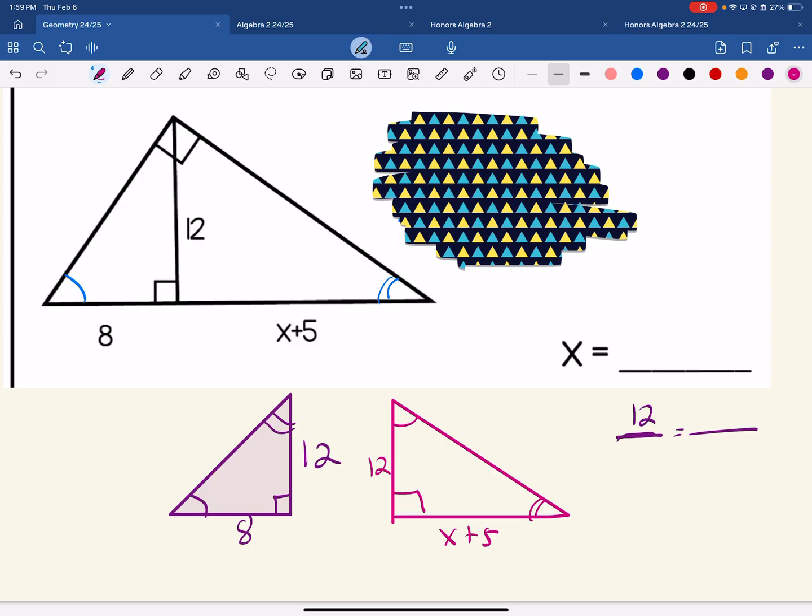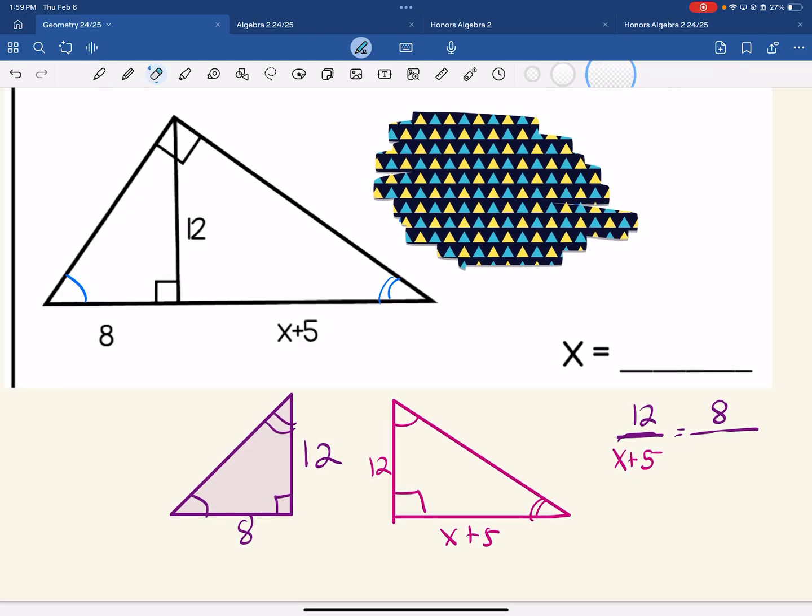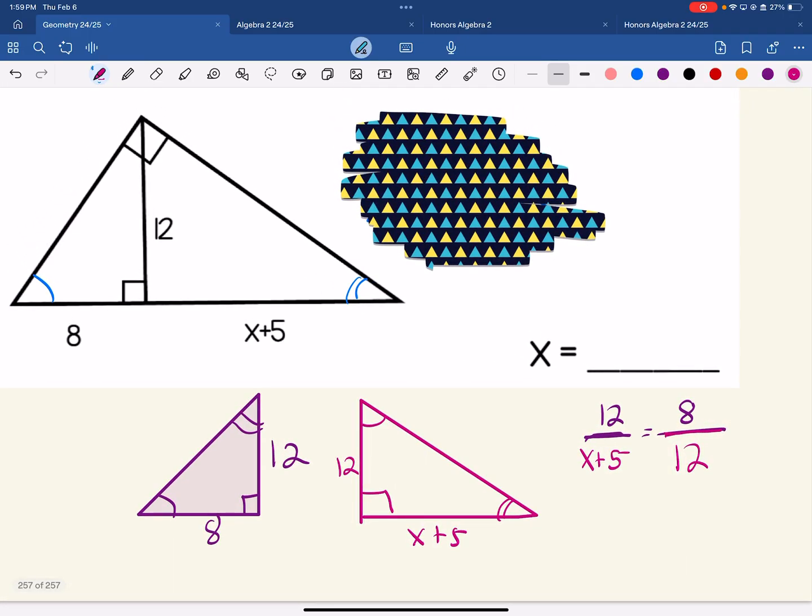So that means X plus 5 has to go underneath the 12. The other purple side is 8. Well, the only other side there is 12. That one has to be 12. So there's our ratio and our proportions. Everybody okay with that part of it?